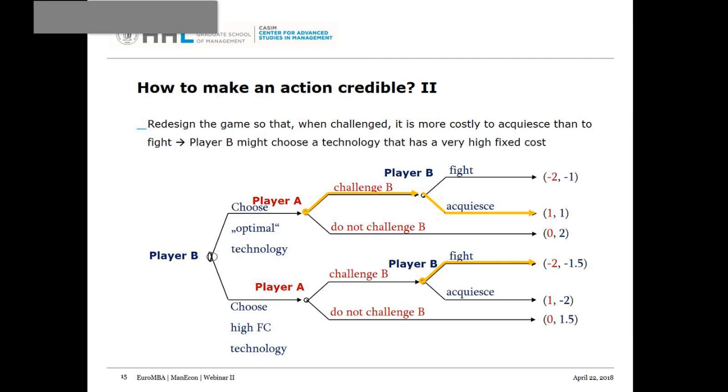In the lower part of the tree, because of the changed incentives, because of the high fixed cost technology, the firm would rather fight in order to survive, and player A wouldn't challenge player B. And of course player B, choosing between the optimal technology and the high fixed cost technology, would decide to take, as you can see, the high fixed cost technology because they have a higher payoff of 1.5 in comparison to 1.